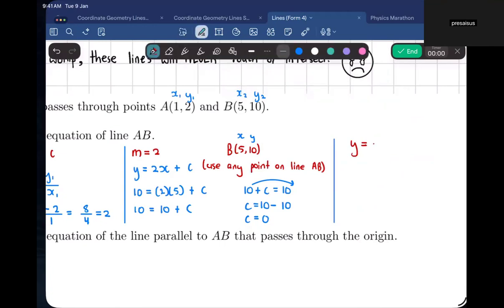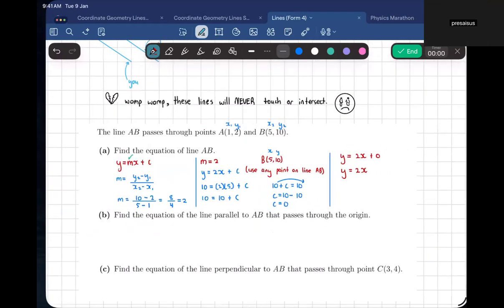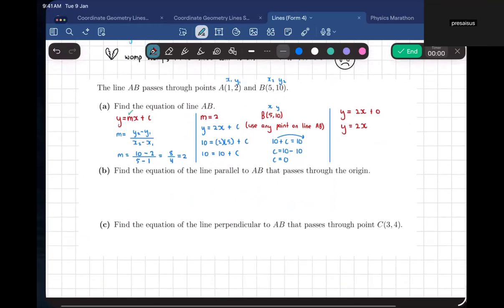So we're going to say y is equal to 2x plus c, 0. And so I could just write y is equal to 2x. Yeah, because if you add 0, it's like adding nothing. So y is just equal to 2x as the answer. Right? We okay with that? Yes. Okay, nice.